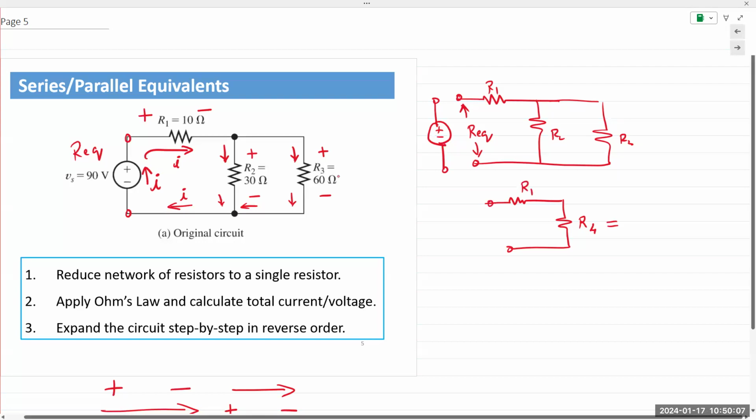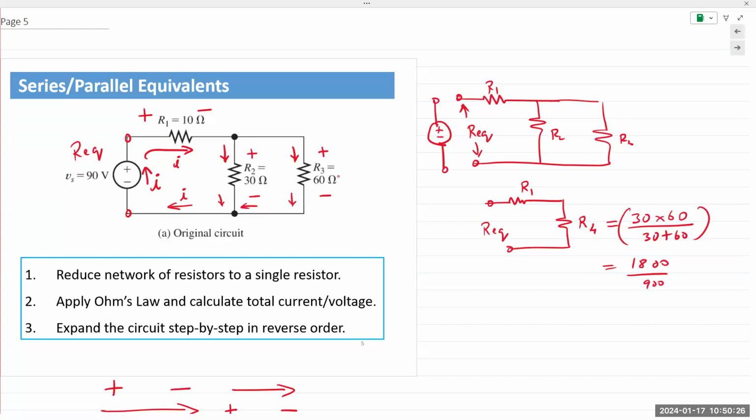The parallel combination of any two resistances is the product of the two, 30 times 60, divided by 30 plus 60. So 1800 divided by 90.